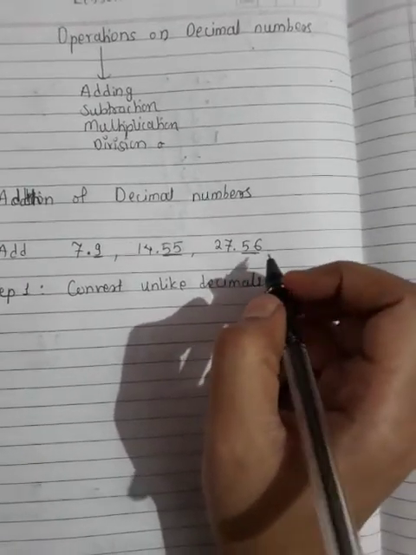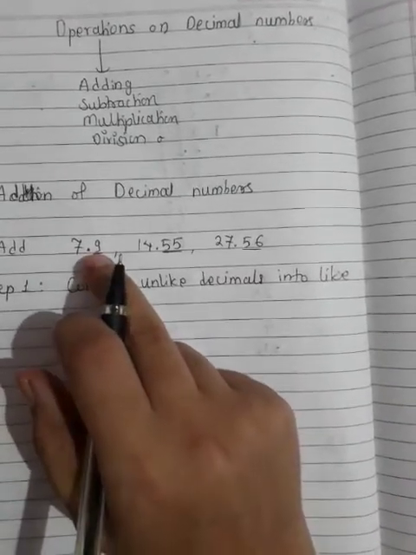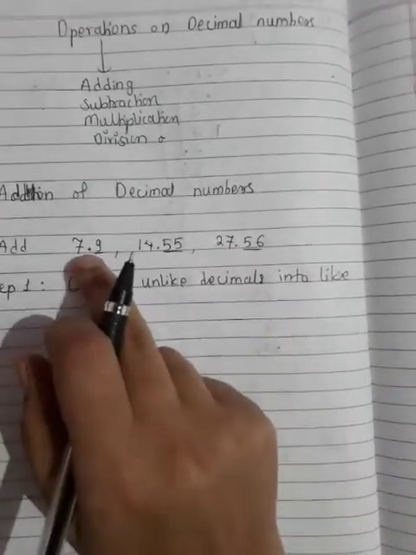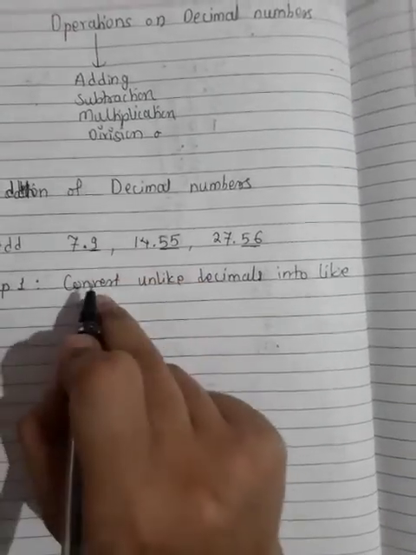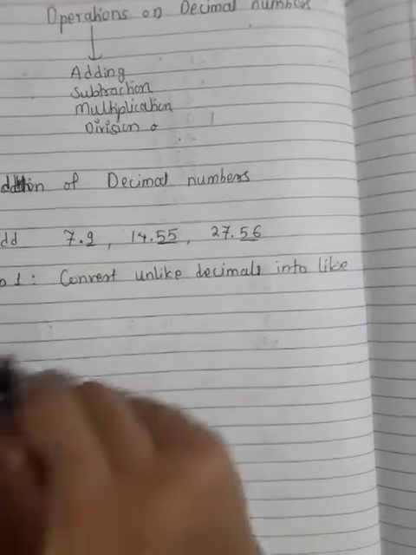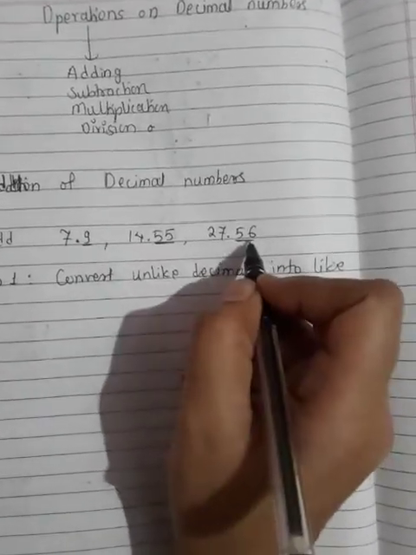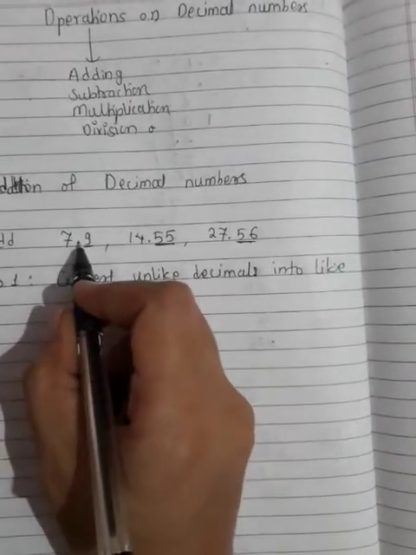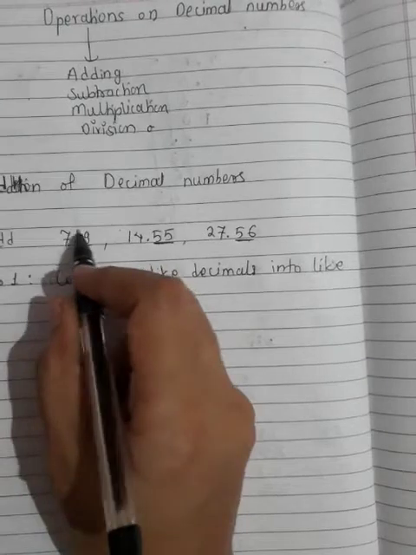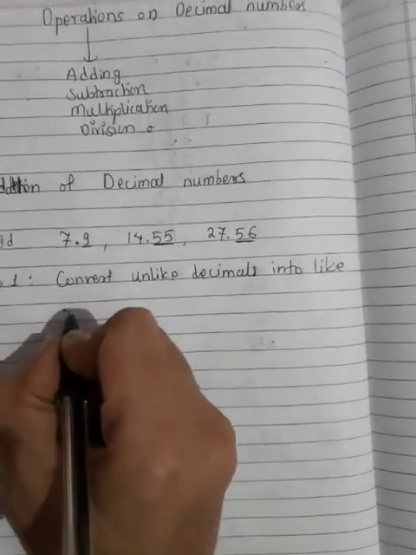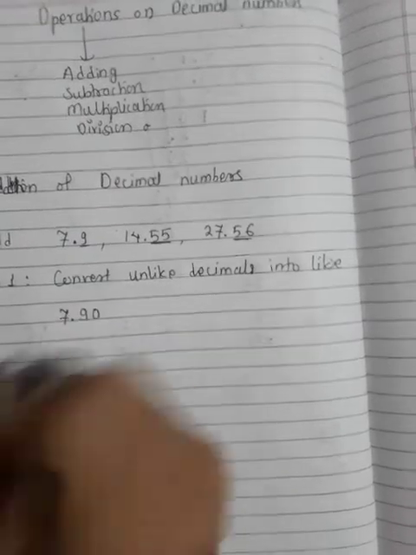Now see, these two are like, but here there is only one decimal place. So first of all we have to convert this unlike decimal into like decimal. Here the maximum number of decimal places is 2, and here it is 1, so we have to make the decimal places of this number 2. 7.9 can be written as 7.90.